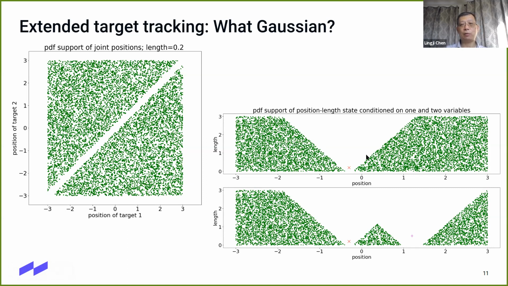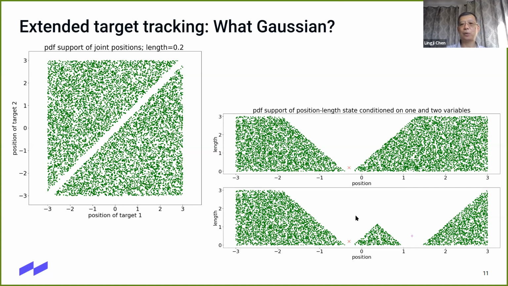On the right, if we consider conditional probability distributions, again a 1D example, the space is position and length. If it's conditioned on one other target, the support takes the shape of the top figure.